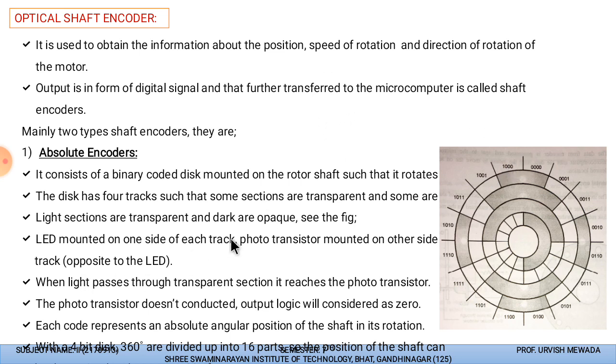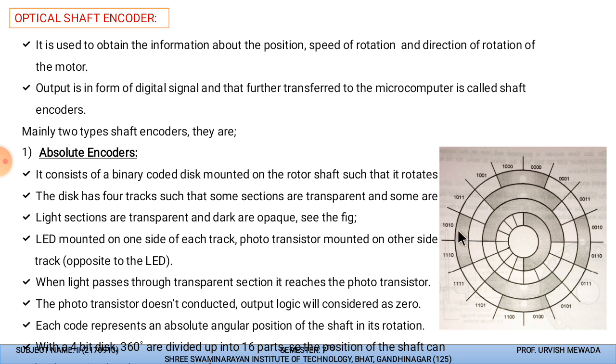When the light passes through the transparent section, it reaches the phototransistor and it conducts. If the phototransistor does not receive the light, it doesn't conduct, and the output logic will be considered as 0, meaning no output.